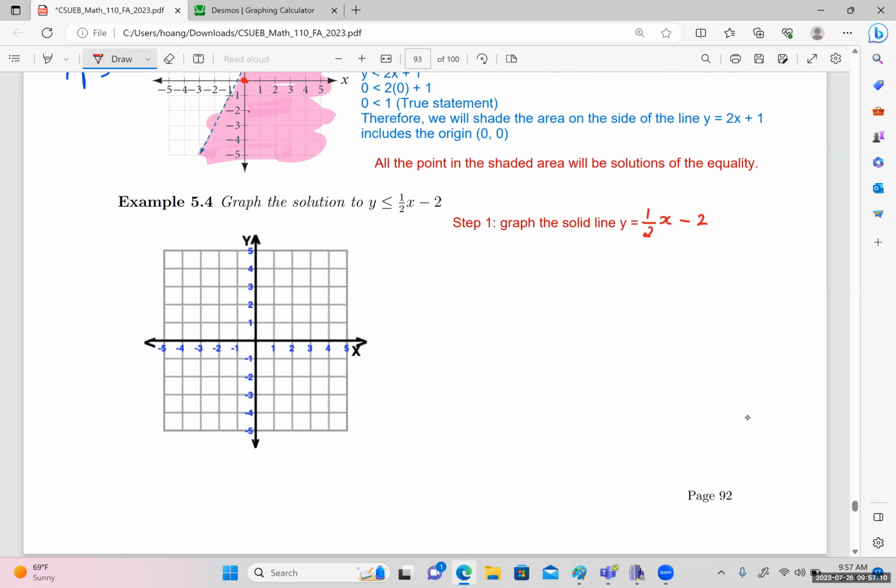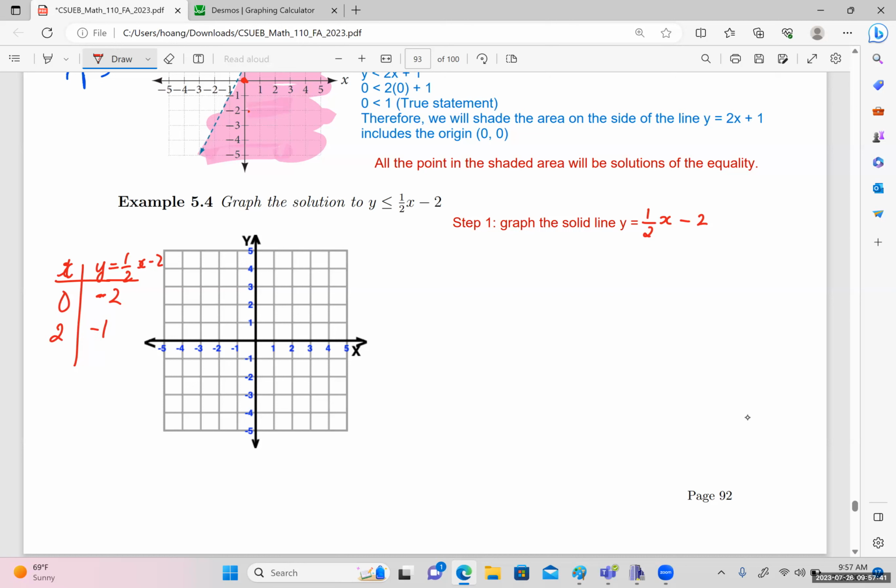So for this one, you can also do it by the T tables. Okay, let's choose x here, y equals 1/2 x minus 2, right? So let's choose 0. I'm gonna have -2, right? What else? Maybe I choose 2. I'm gonna have 1 minus 2, gonna be -1.